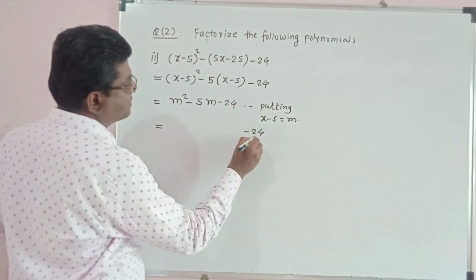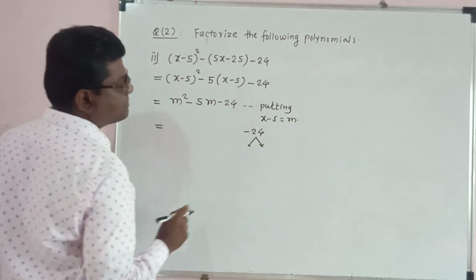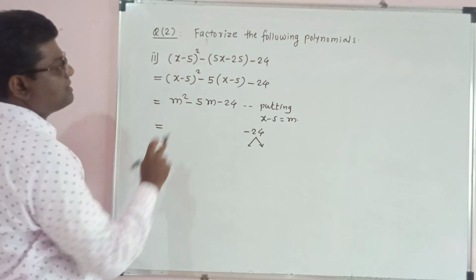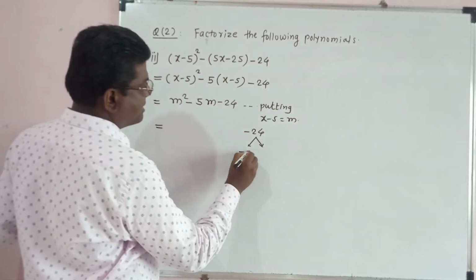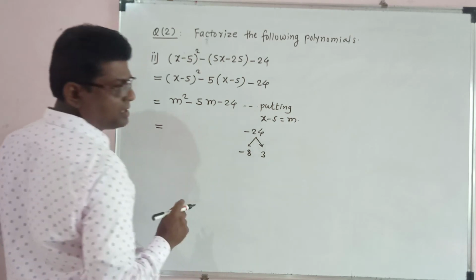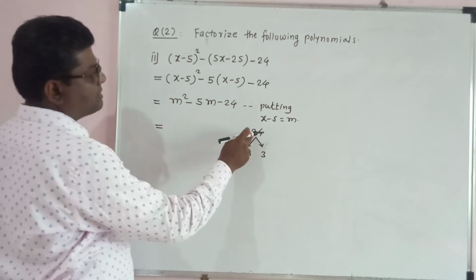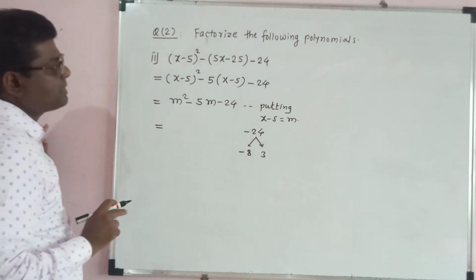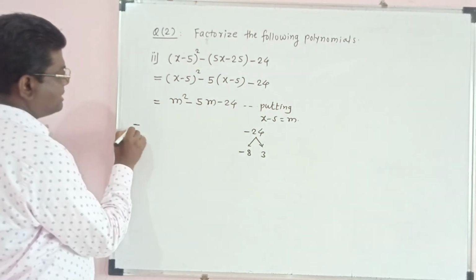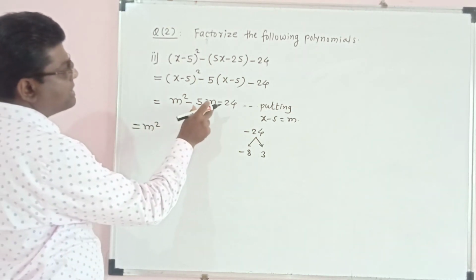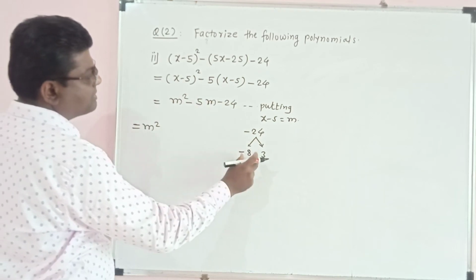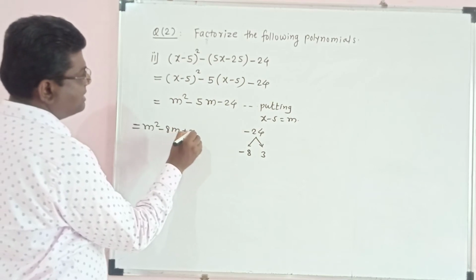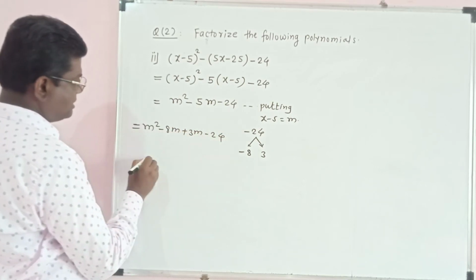Minus 24 can be split up in two numbers such that their multiplication is minus 24 and sum is minus 5. So numbers are minus 8 and plus 3: minus 8 into 3 is minus 24, minus 8 plus 3 is equal to minus 5. So this is equal to m square, now this minus 5m can be split up as minus 8m plus 3m, minus 24.